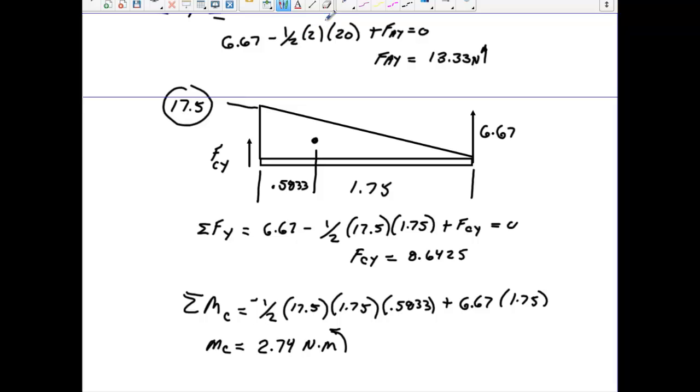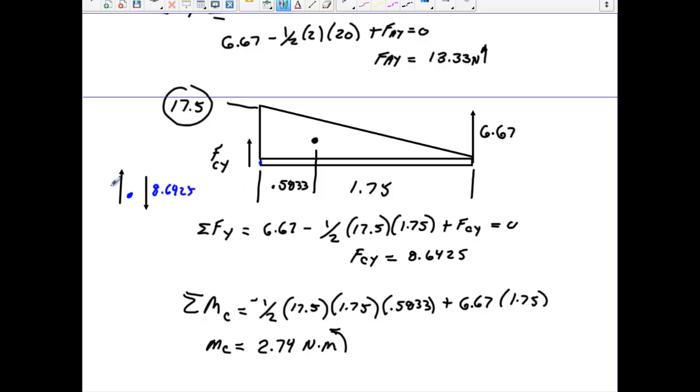So what that means is if I looked right here at this point, I'll blow it up here. I got shear taking place because I have to resist this force that's coming down here, and this force here would be 8.6425, because that's just the sum of this part right here.